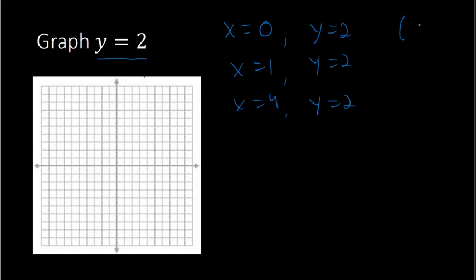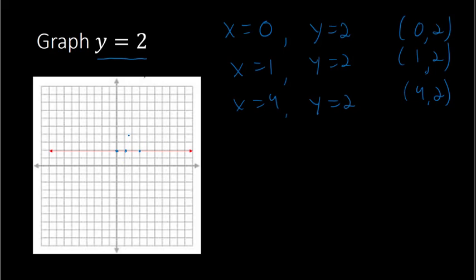So I have all these different ordered pairs, 0, 2, 1, 2, 4, 2, whatever. If I plot all of those, I'm going to get a horizontal line like this. 0, 2 would be right here, 1, 2 would be right here, 4, 2 would be over here. Okay, it doesn't matter, we're going to get this horizontal line.